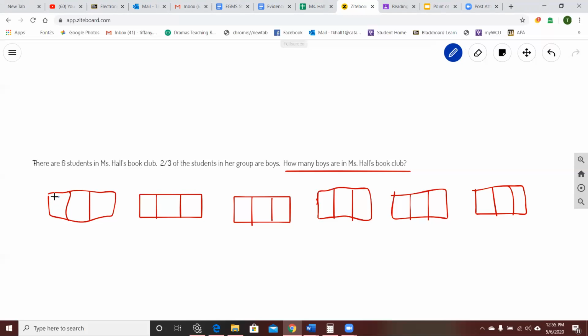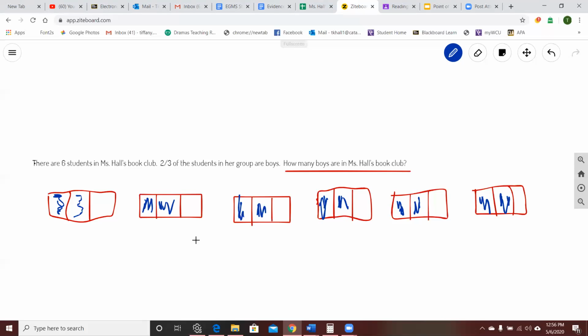So I'm going to come over here and shade 2 in each one. Then we're going to see how many total have been shaded, because that's going to represent how many boys are in Miss Hall's book club.